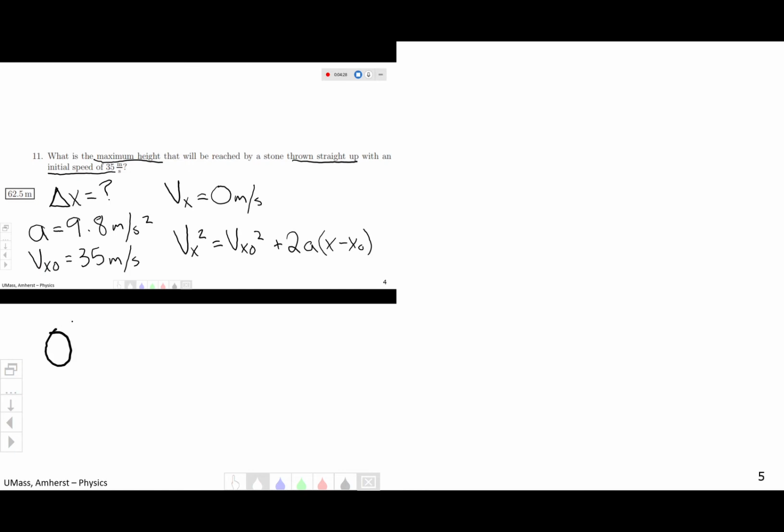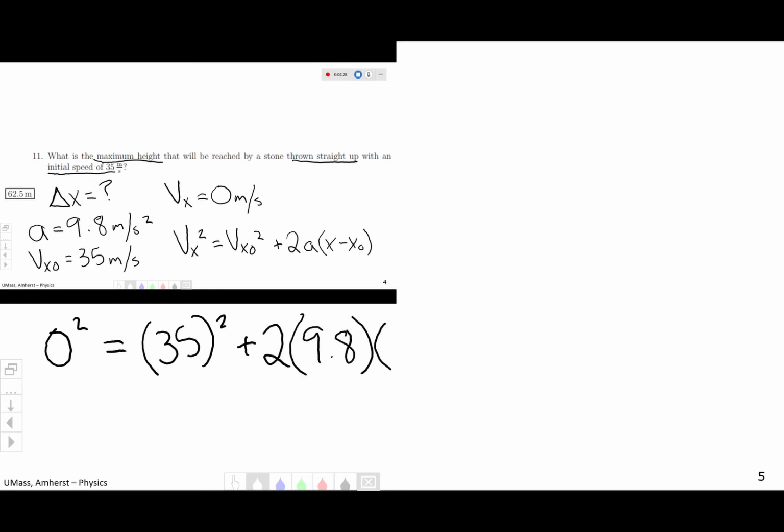Vx is 0 squared equals Vx0, 35 squared, plus 2 times 9.8 times delta x. And for this problem, we are going to need to slap a negative on that 9.8 since it is an acceleration downward, and we are throwing it upwards.